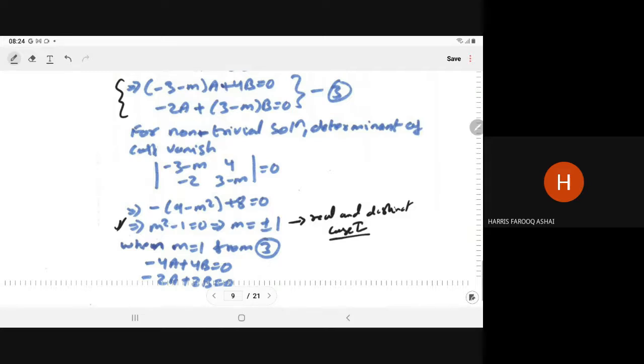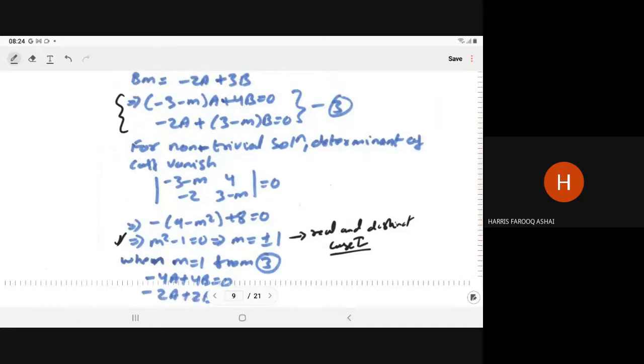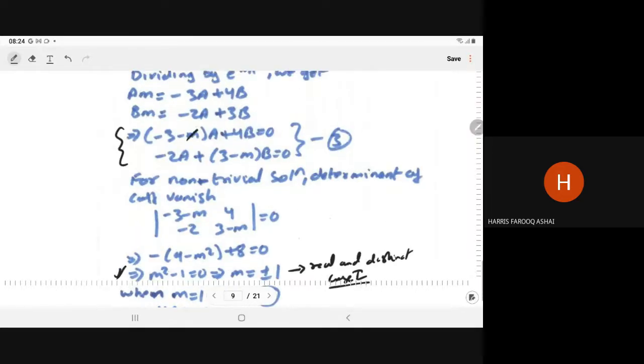So here we have case first. When we put m = 1 in this system, you will get -4a + 4b = 0 and -2a + 2b = 0. From here we can take any value of a and b.